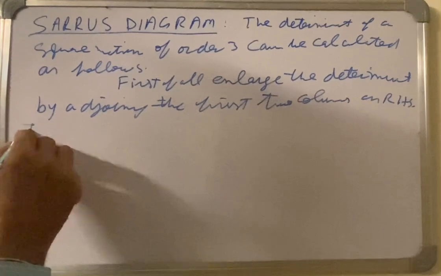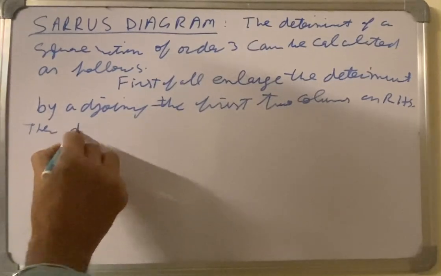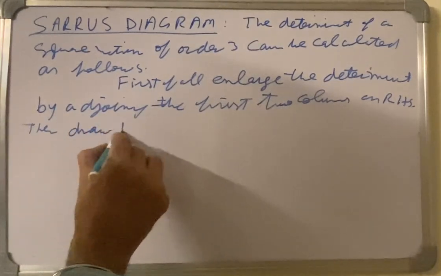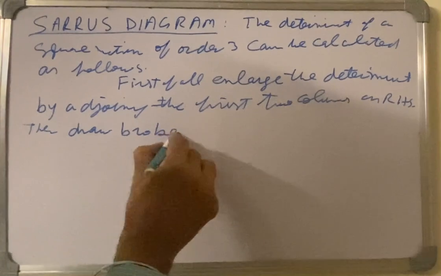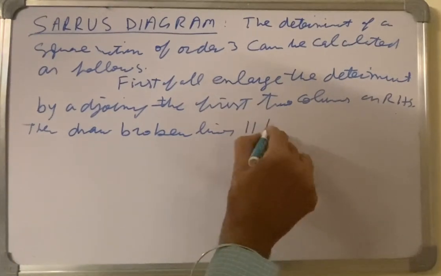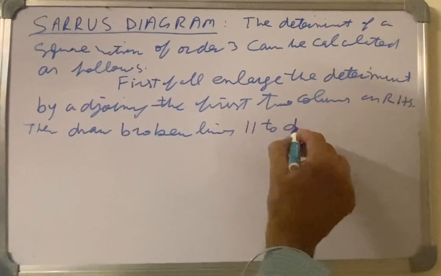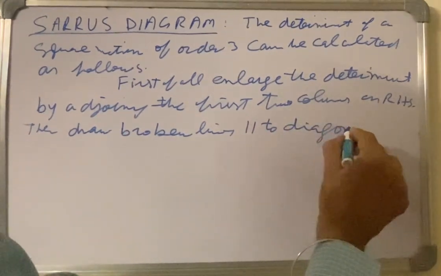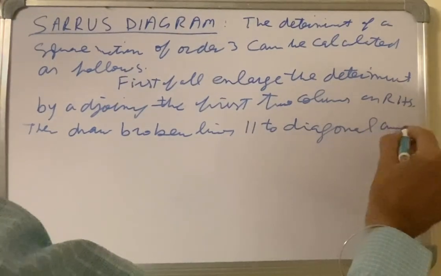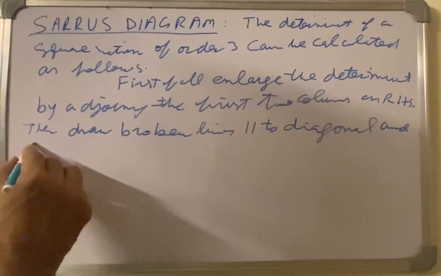Then draw broken lines parallel to diagonal and perpendicular to diagonal.